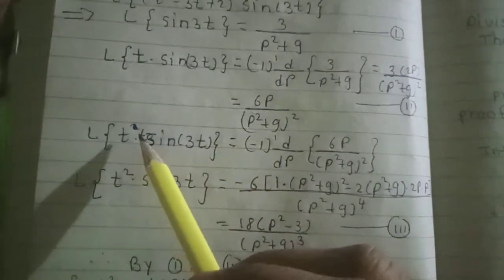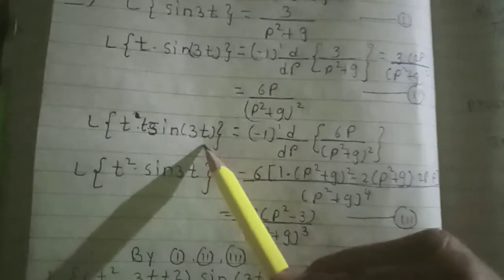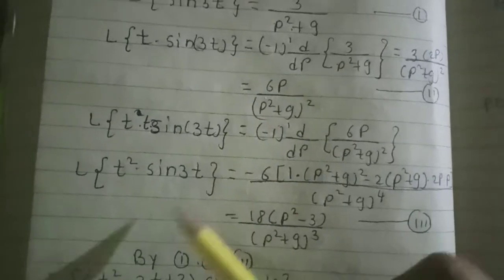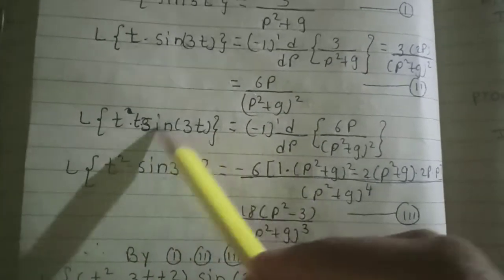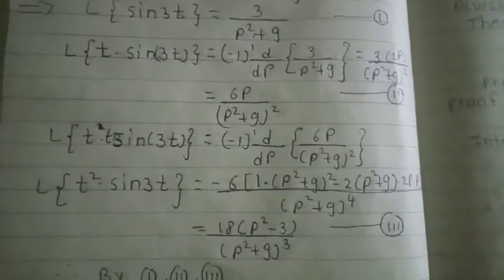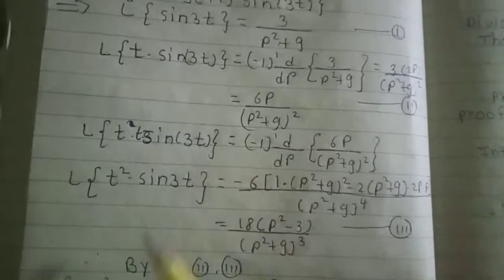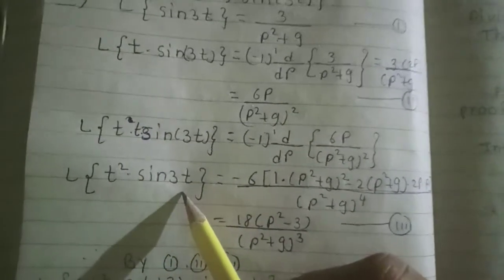So t into t sine 3t means t square sine 3t is simple. So we put here t into t sine 3t, which is t square into sine 3t.